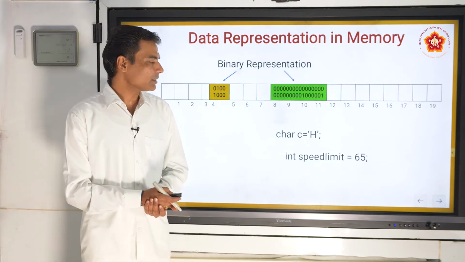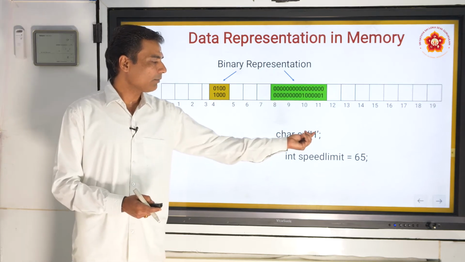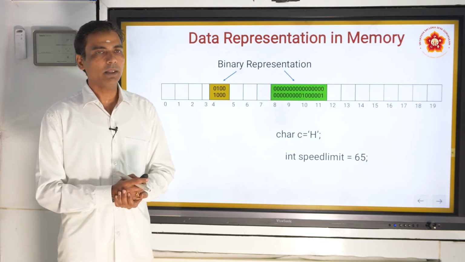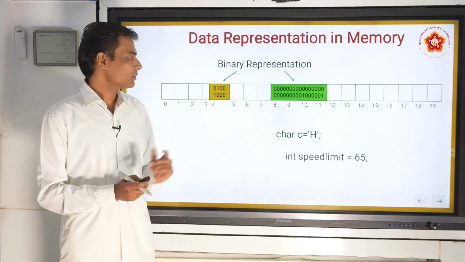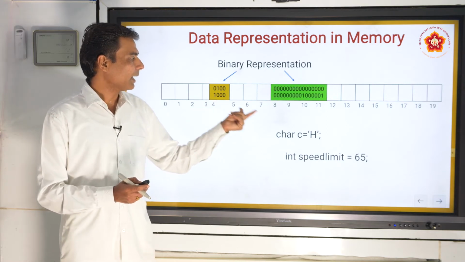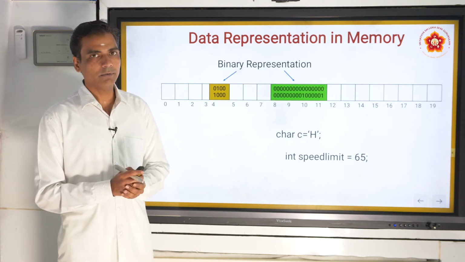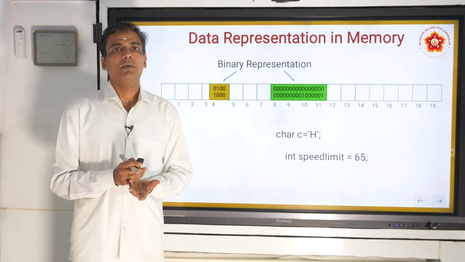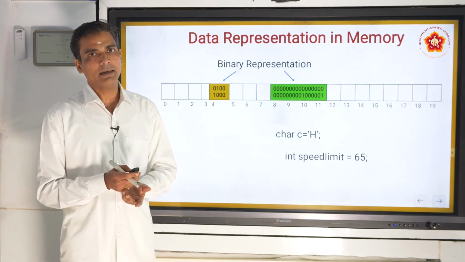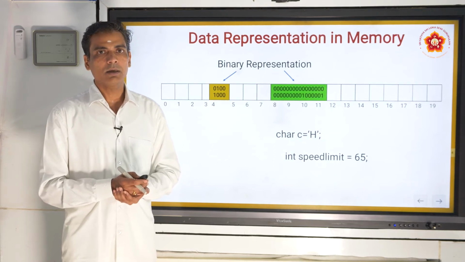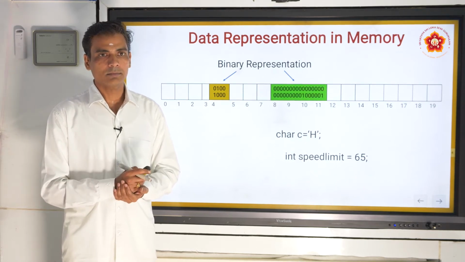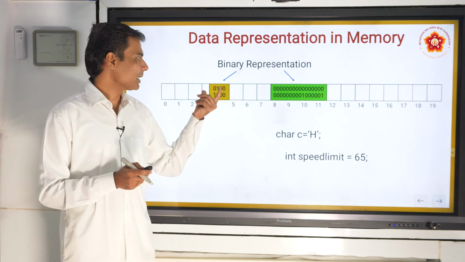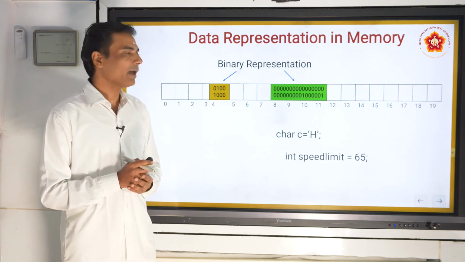As we have discussed, the data values h or 65 will not be represented as they are in the computer memory, they will be represented in binary form. All the alphabets or characters on the keyboard have some ASCII code, and that ASCII code is converted into a binary value.